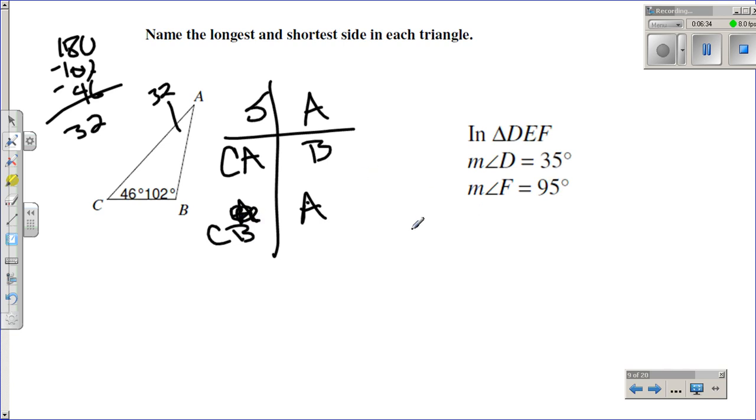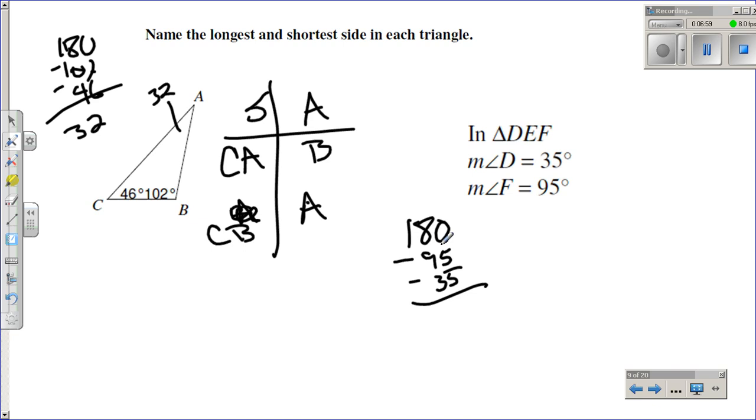Over here, same kind of problem. We'd have 180 minus 95 minus 35.